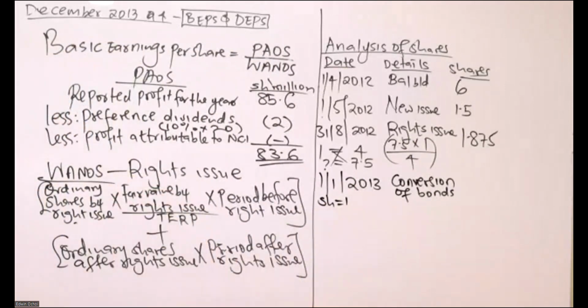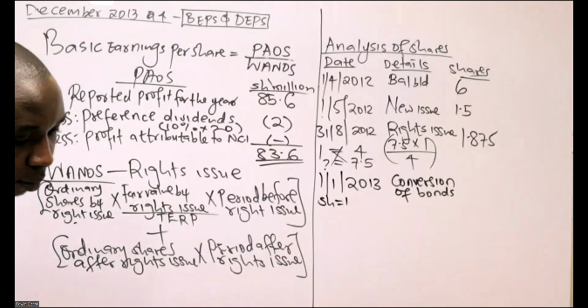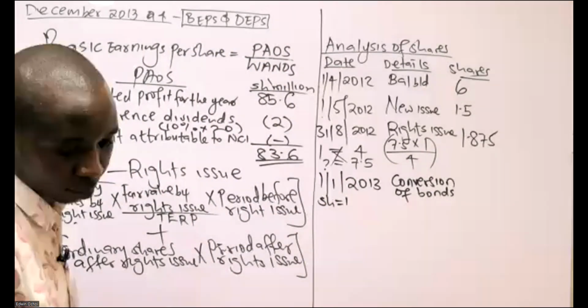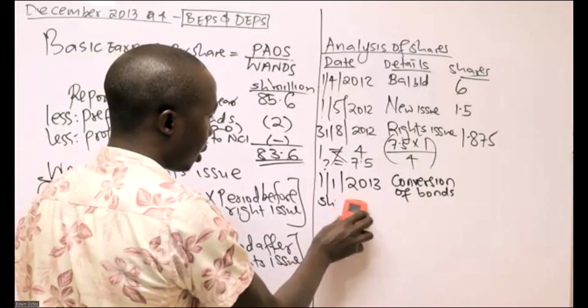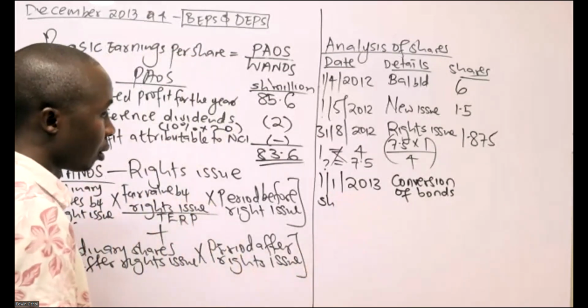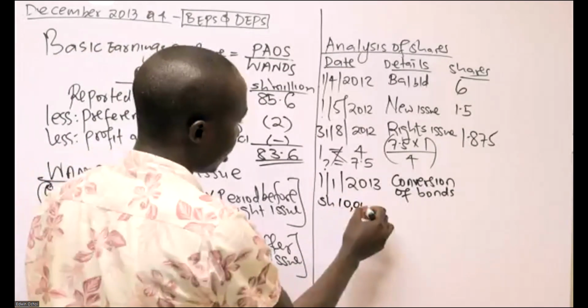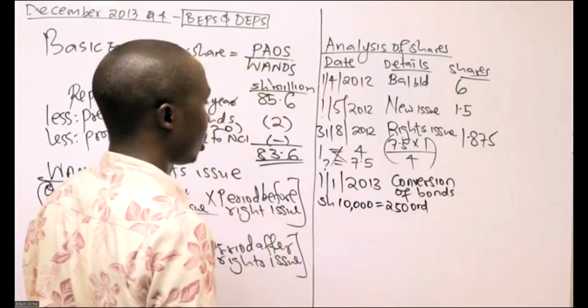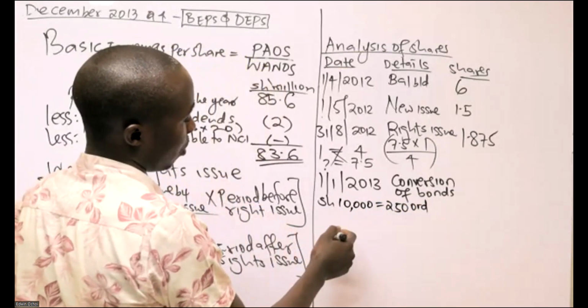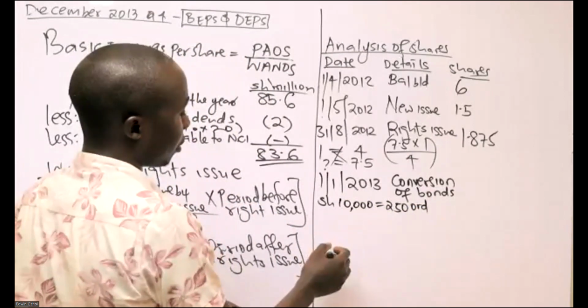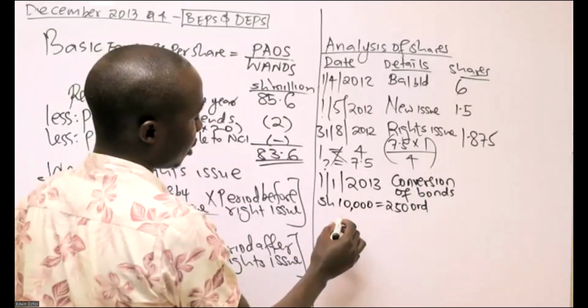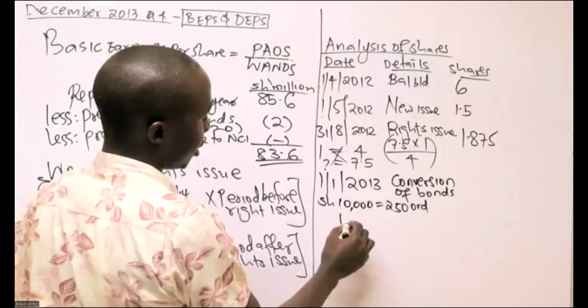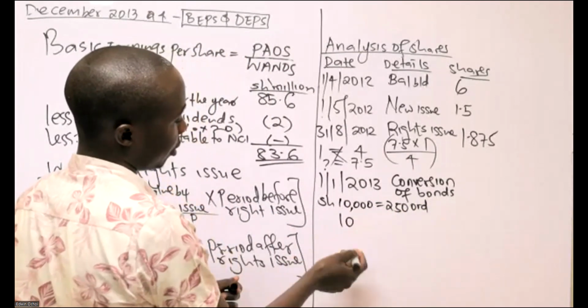Every shillings 10,000 was converted into 250 ordinary shares. So out of the 25 million convertible bonds, they converted 10 million.